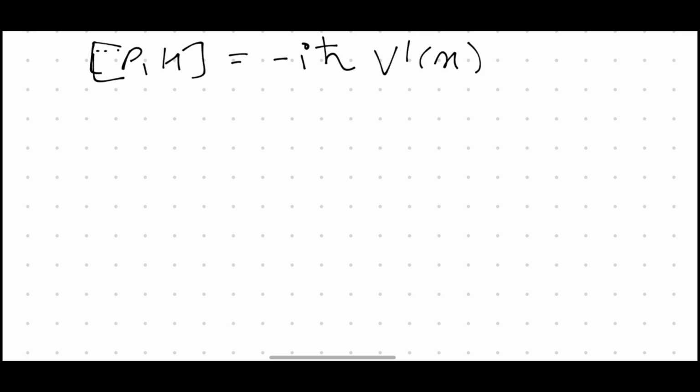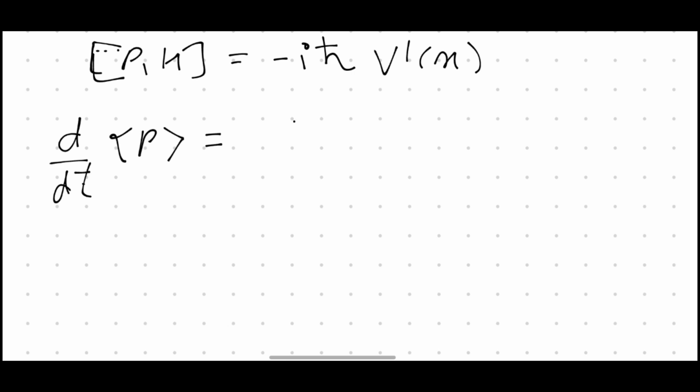So basically, the commutator of p and h becomes minus i ħ v dash x. I'll put it in the main formula again, which is d by dt of the expectation value, where we took a as p now.